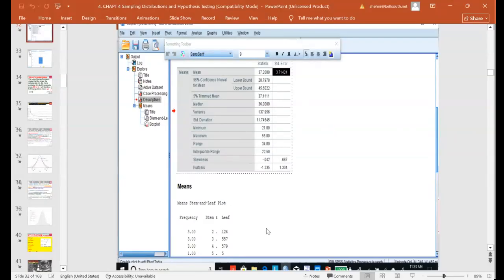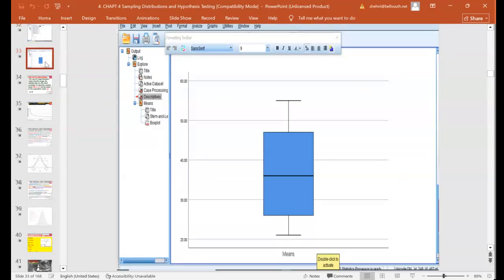Also at the bottom, you see a stem and leaf plot that we talked about in the past. SPSS always generates more than what we ask. And then it also gives you a plot. It divides your means.